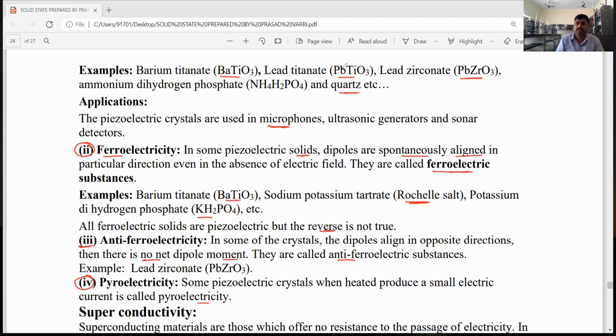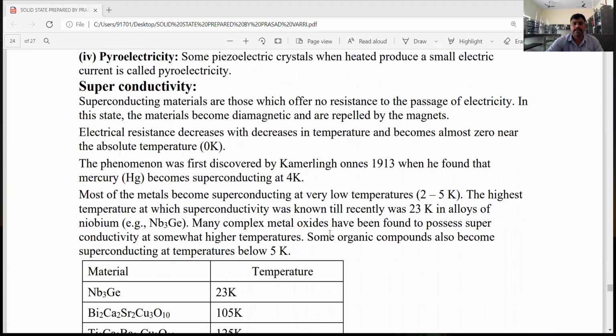The next important concept is superconductivity. Dear students, what is superconductivity?